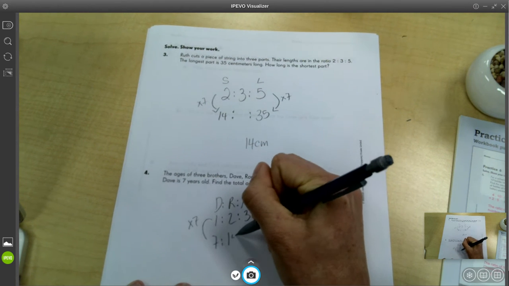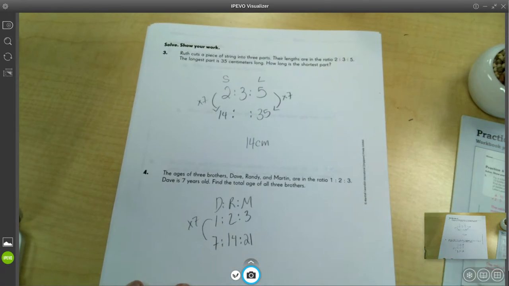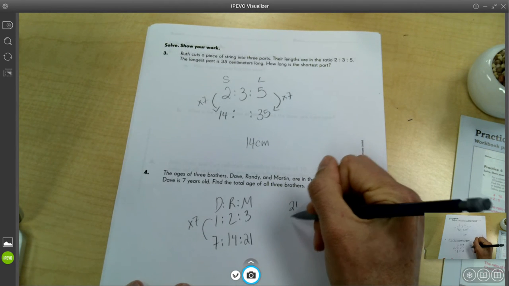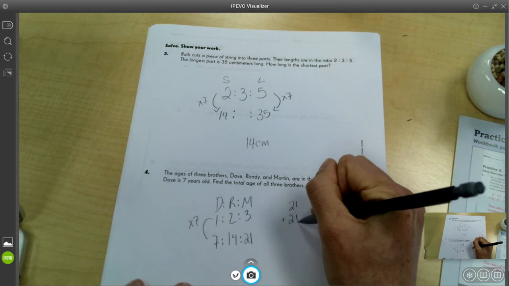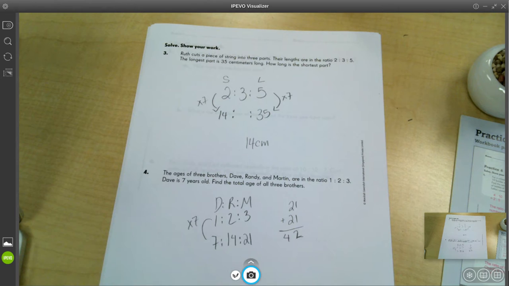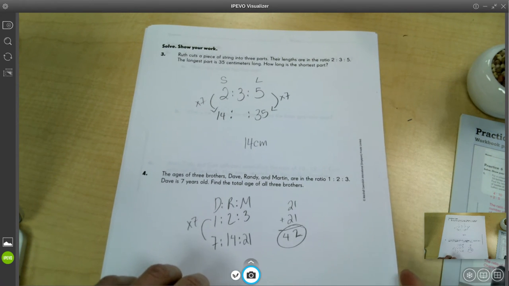So 2 times 7 is 14. 3 times 7 is 21. So all together, they are 21 plus 7 plus 14, which is 42 years old. Kind of cool.